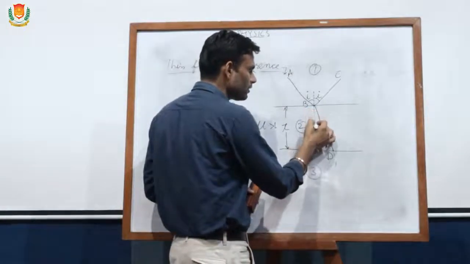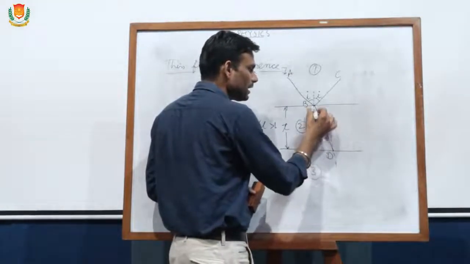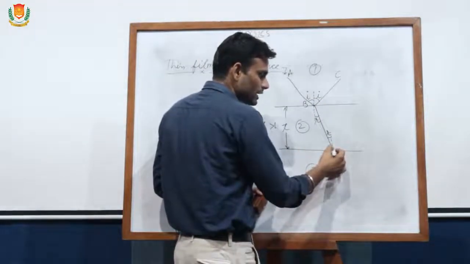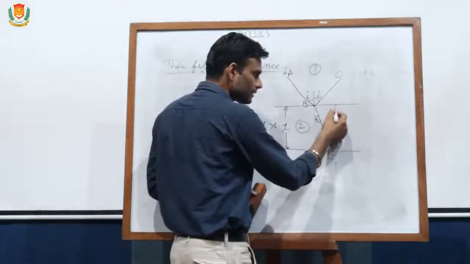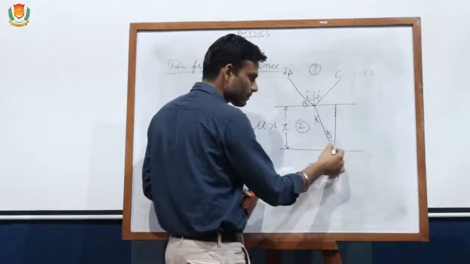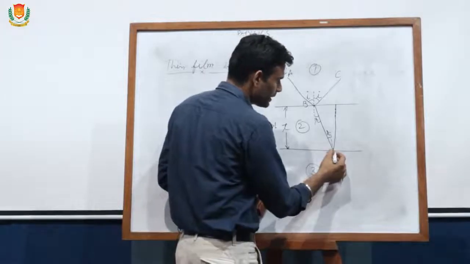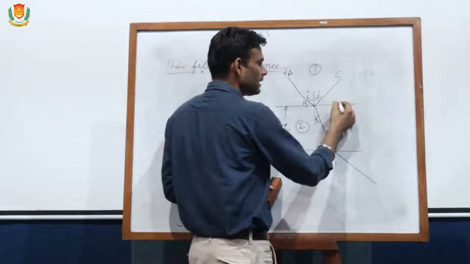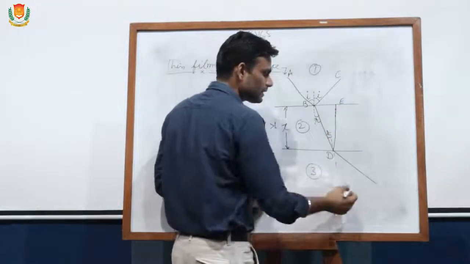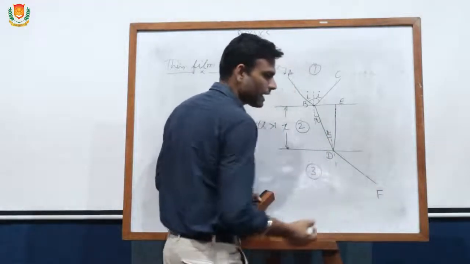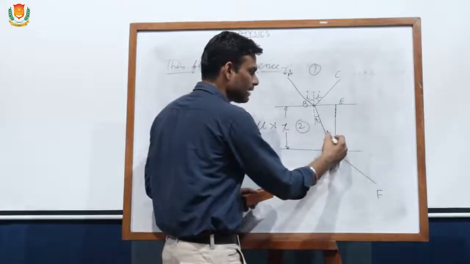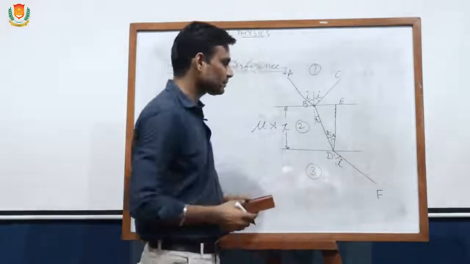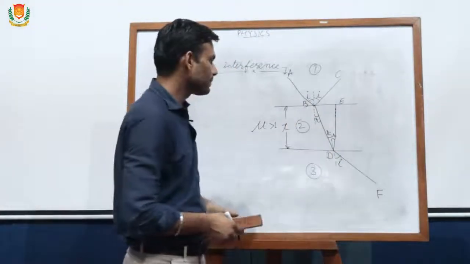Suppose the angle of transmission is R, so this angle will again be R. At point D it partially reflects and partially transmits: reflect in the direction DE, transmit in the direction DF. This angle of reflection is R and this angle is I, the angle which is the same.